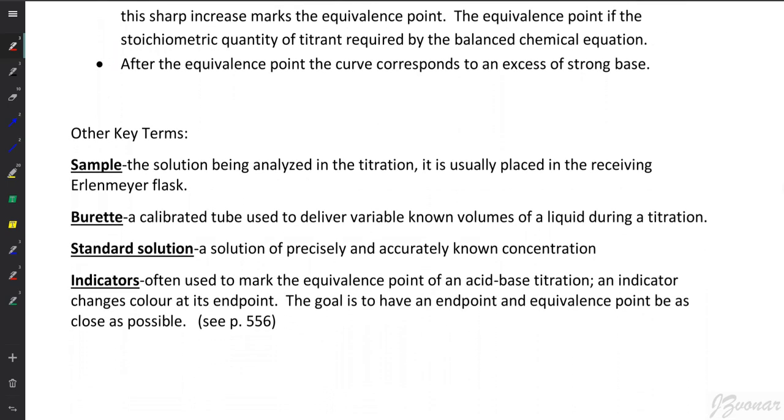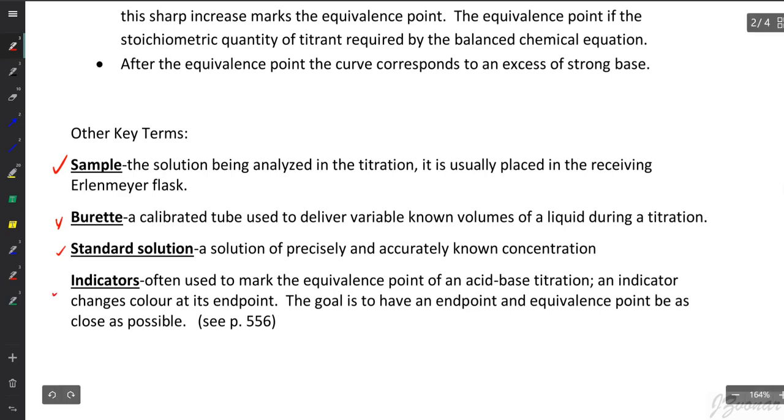So just a quick recall of some other very important terminology, a lot of new terminology when we're talking about a titration. The sample is what we're trying to determine the concentration of, how many moles there are within the given sample. The burette is the calibrated tube that delivers the known concentration into the flask. Our standard solution, which is our known concentration, helps us determine the concentration of the unknown sample.